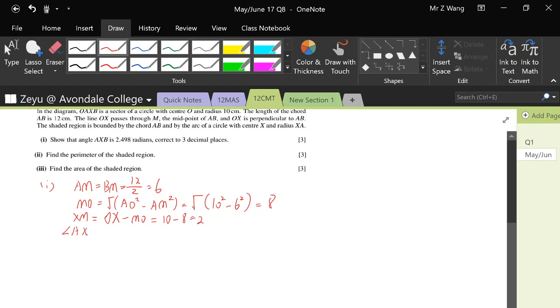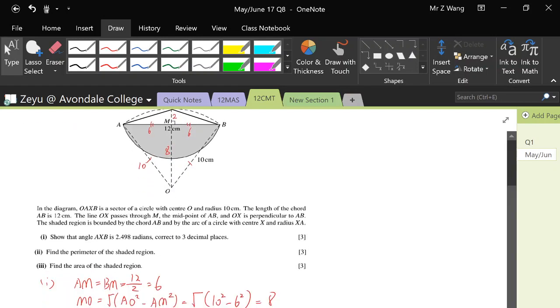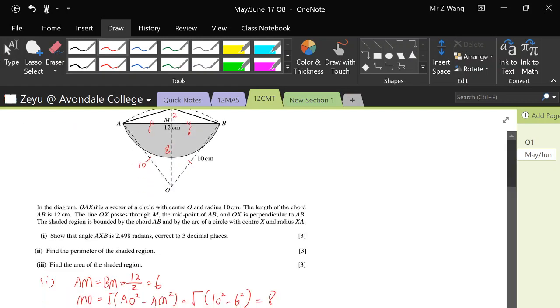Angle AXM equals, which trig ratio are we going to use? We're going to use tangent because we have opposite and adjacent in that triangle AXM, right? So that's tangent inverse of 6/2. Remember to change into radian.